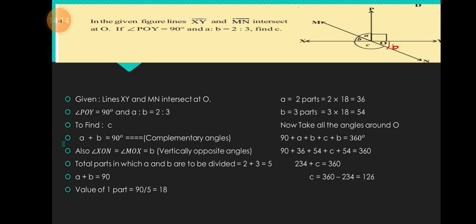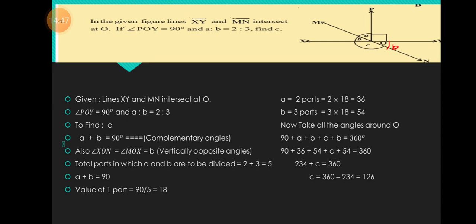Now, we have to observe the lines properly. MN and XY. Its vertically opposite angle is YON and this is also equal to B. So, we have found the value of A and B together 90 degrees and we have seen that XOM is equal to YON.